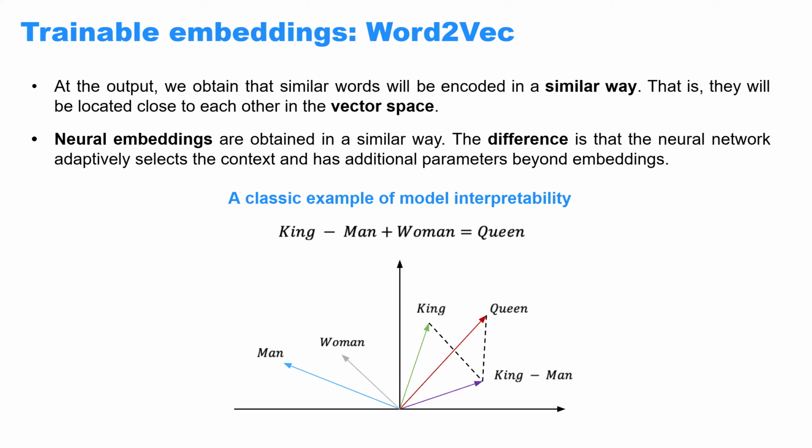Neural embeddings are the same. The idea of neural embeddings is the same, but they train a bit differently because there are more parameters in the neural network. So they train with the parameters of the neural network, but the main idea is still the same.